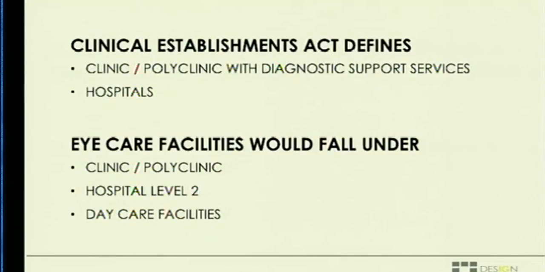An eye care facility would fall under either a clinic, that is a single-doctor-run eye care facility where there is diagnostics but no surgery and no overnight patients, or a hospital. These are the two major categories.